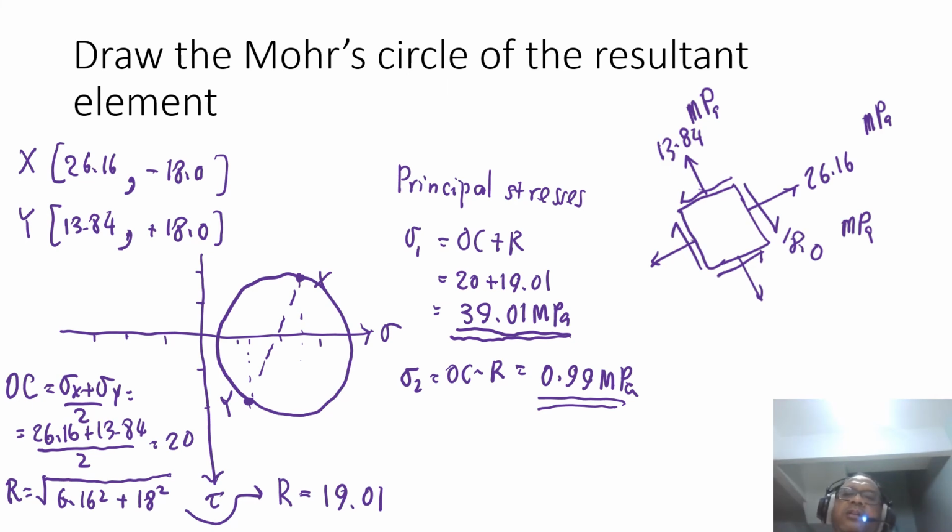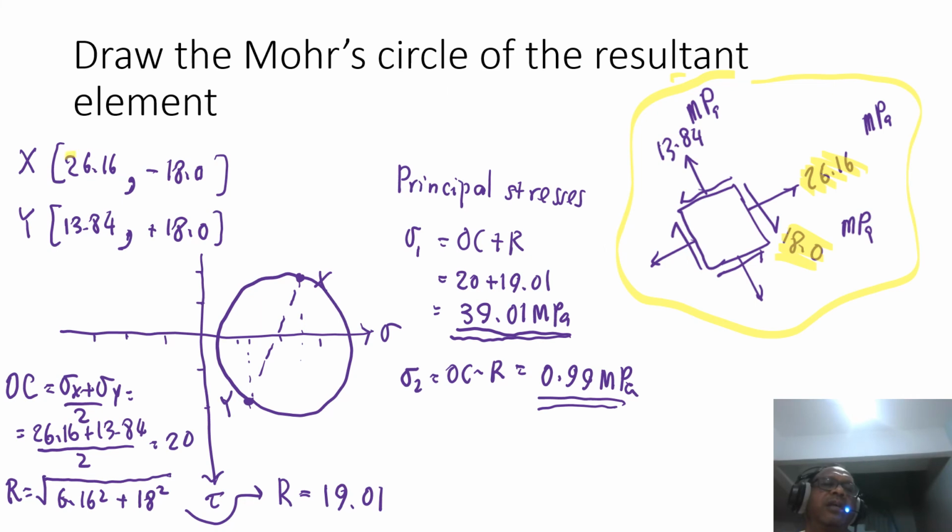So here is the case where we have our element here, and on the x surface we have coordinate 26.16, and this is negative 18. So on the x face I've got 26.16 and negative 18, and on the y face I have 13.84, and it has to be positive 18. So what do I do after that?